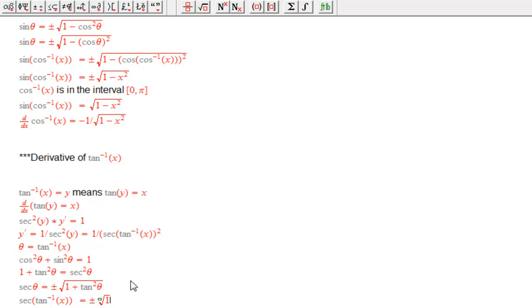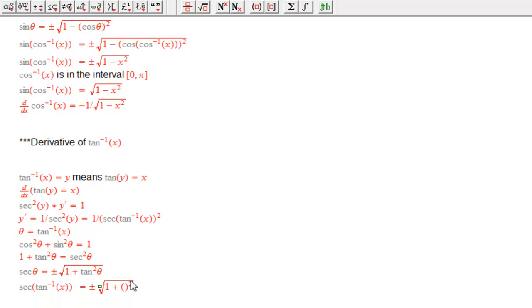Well, that is 1 plus tangent theta squared, and theta, remember, is inverse tangent of x, so I'm going to put that in for theta. So this is just rewriting what I have above by inserting inverse tangent of x in for theta.